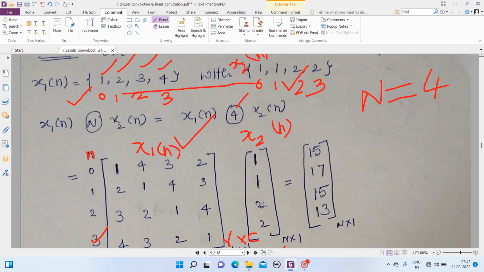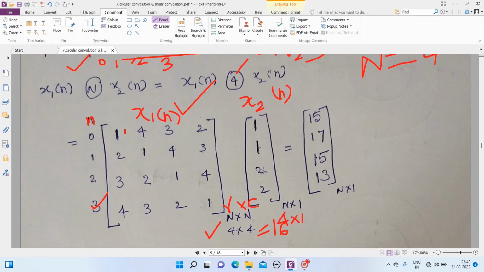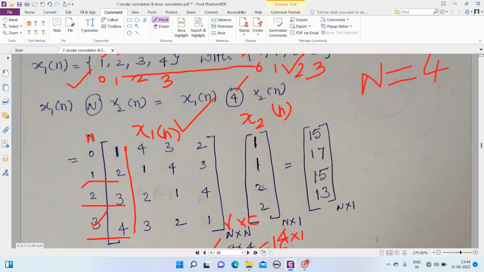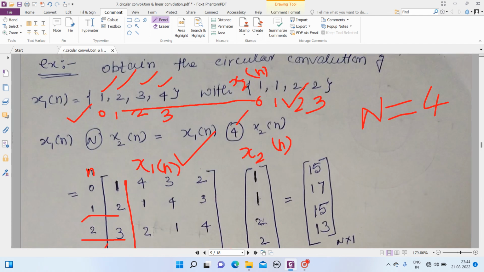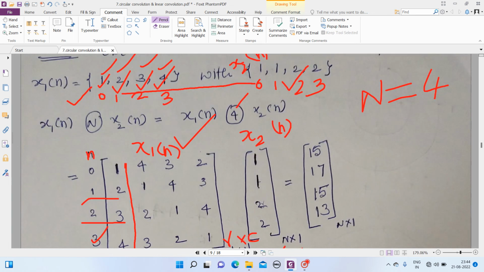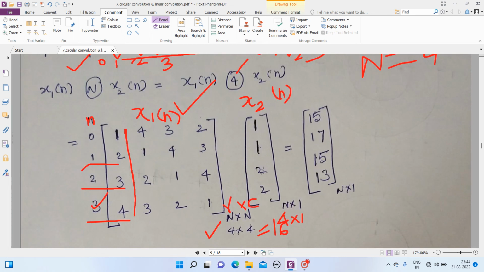So we represent it column wise: x1 of 0, x1 of 1, x1 of 2, and this is x1 of 3 value. So we are representing it column wise.